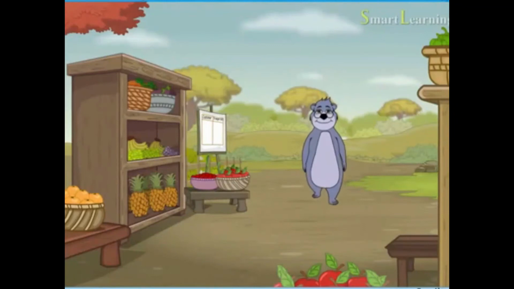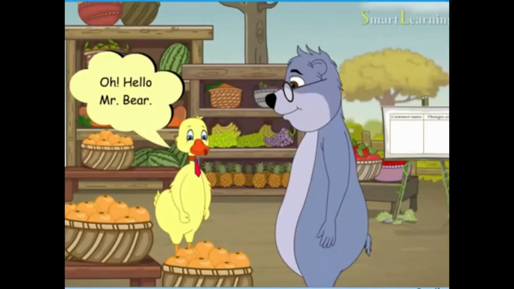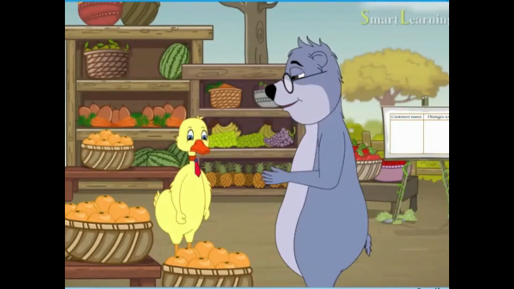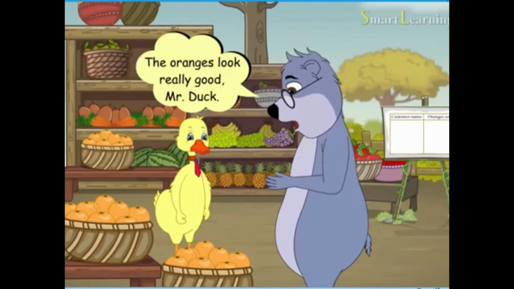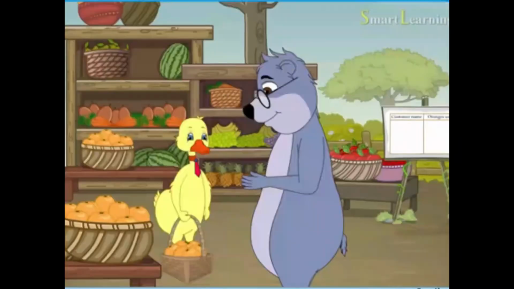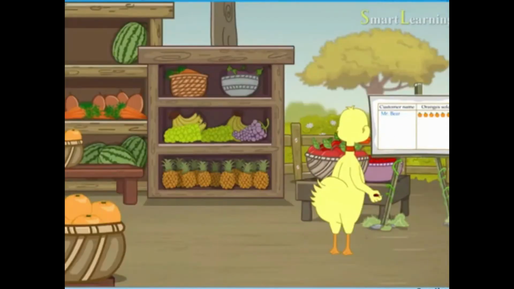Look, his first customer, Mr. Bear, has come. On seeing the oranges, Mr. Bear says, "The oranges look really good, Mr. Duck. Please give me 6 oranges." Mr. Duck gives him 6 oranges and then notes it down on the board.